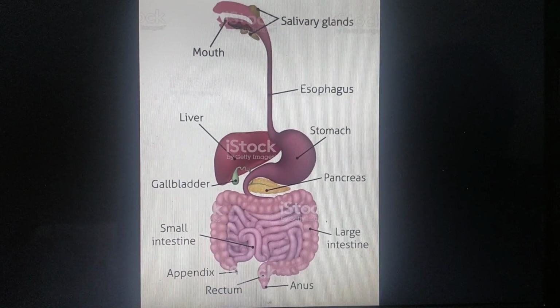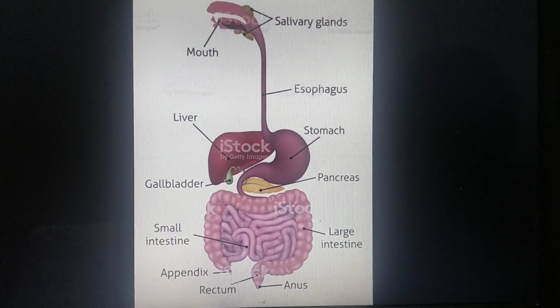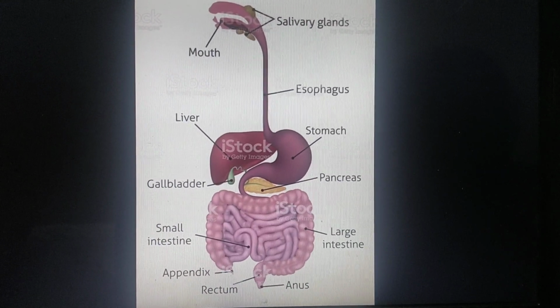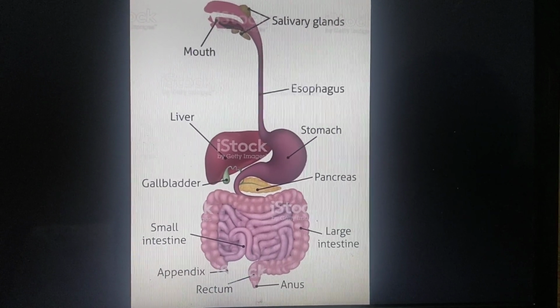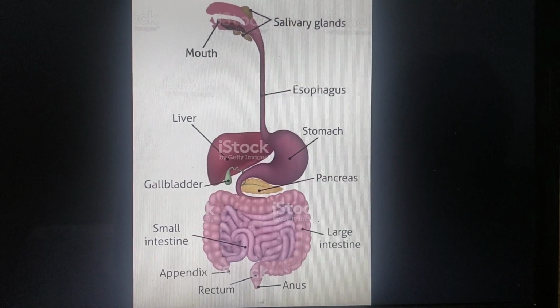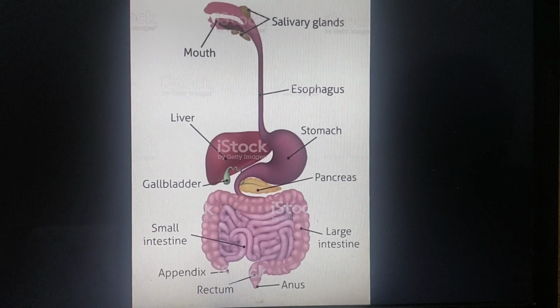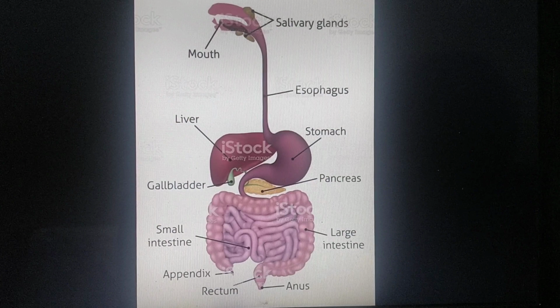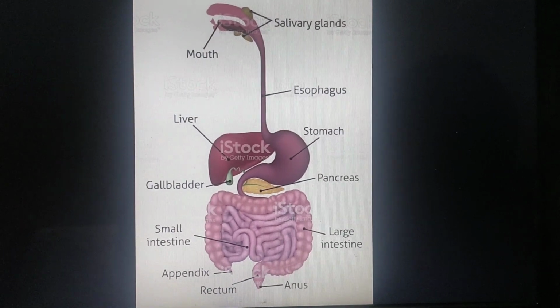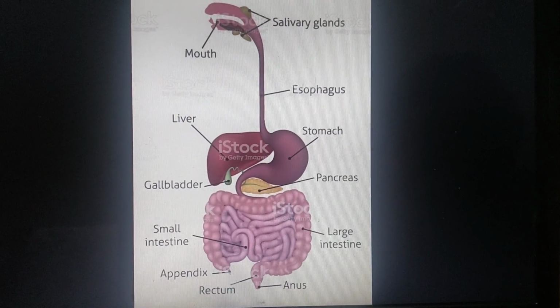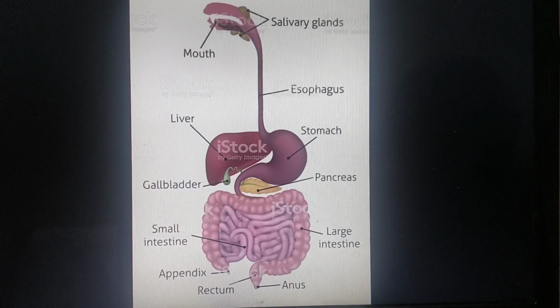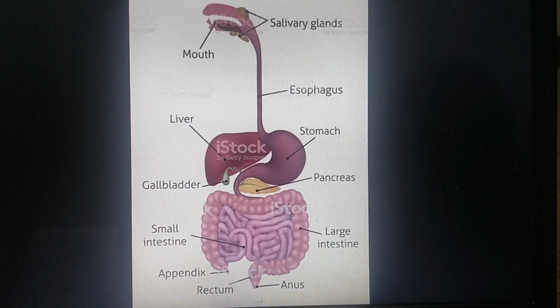The length of the small intestine differs in various animals depending upon the food they eat. Herbivores eating grass have a longer intestine to allow cellulose digestion. Meat is easier to digest, so carnivores like tigers have a shorter small intestine.